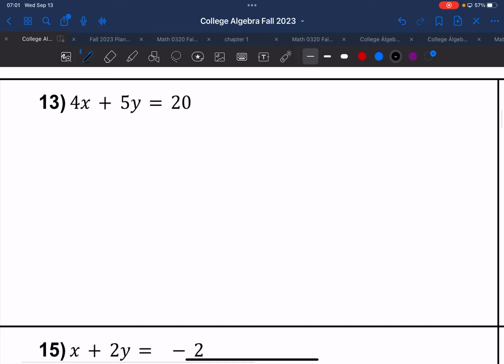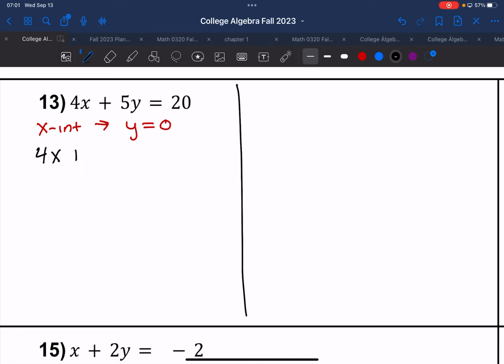Okay. So I'm just going to split it in half. So first, finding our x-intercept, we know that we have to plug in 0 for what variable? Good, y.